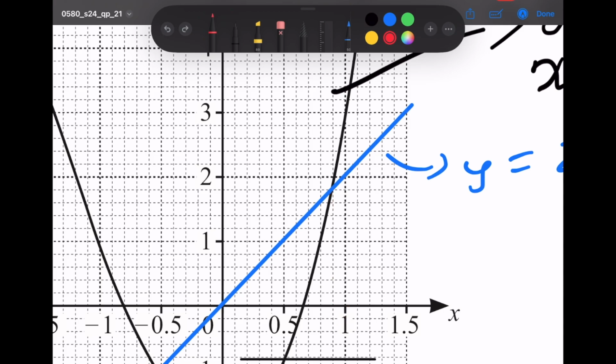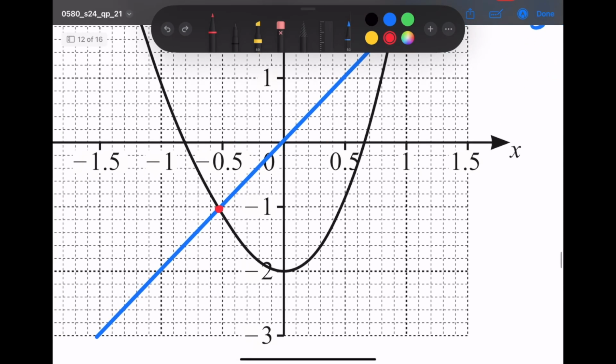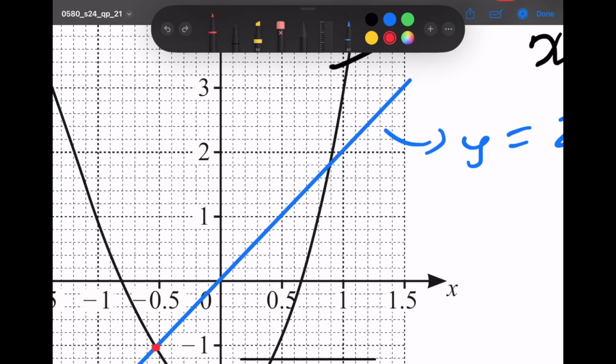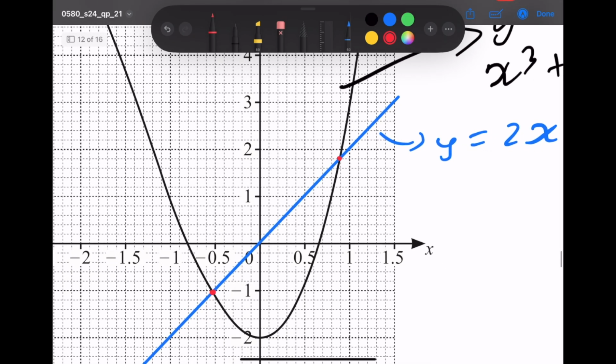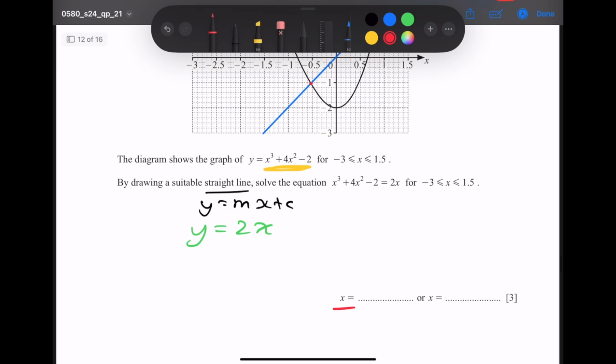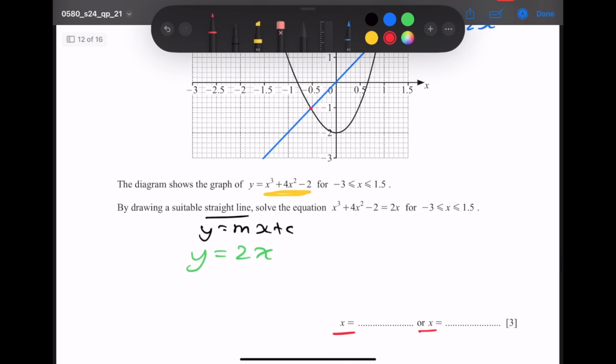So the x values are the same, and so are the y values. In this case the y value is approximately 1.8 over here, and the y value is approximately -1 over here. So since the x coordinate and the y coordinate of the two graphs are the same in these two coordinates, the question is asking for the x coordinates of these 2 points. At these 2 points the x coordinate of both the graphs are the exact same, and they satisfy this equation since they meet.